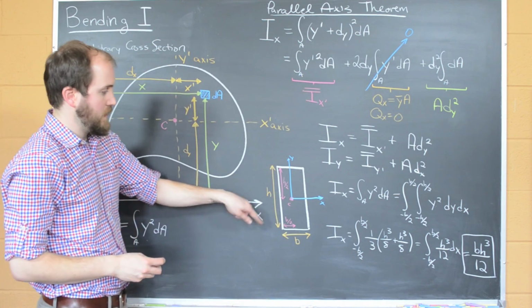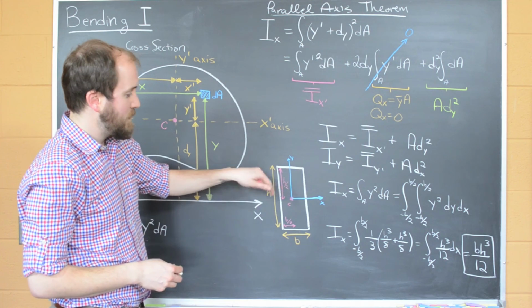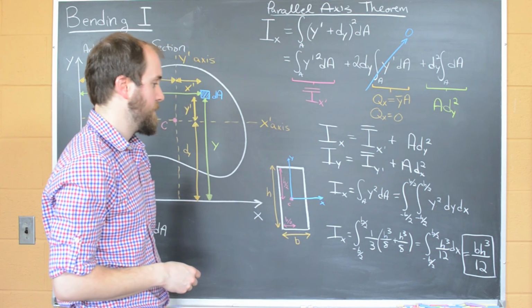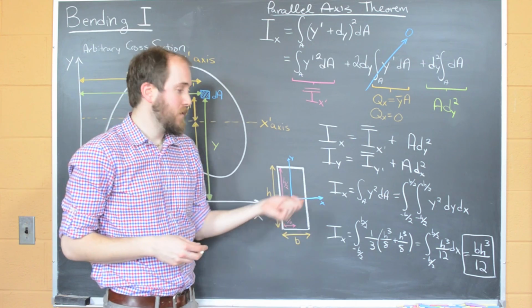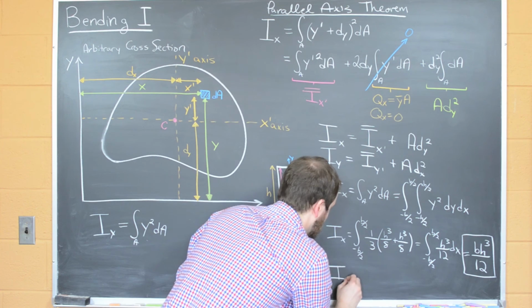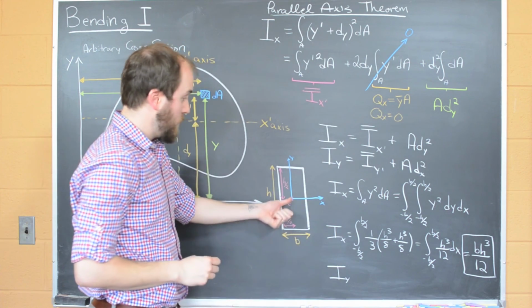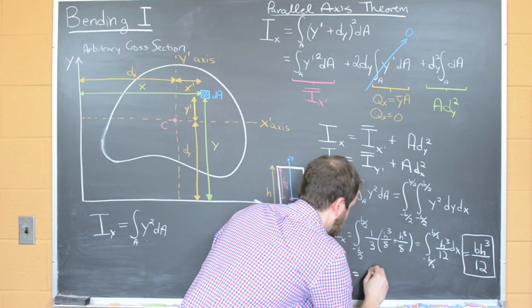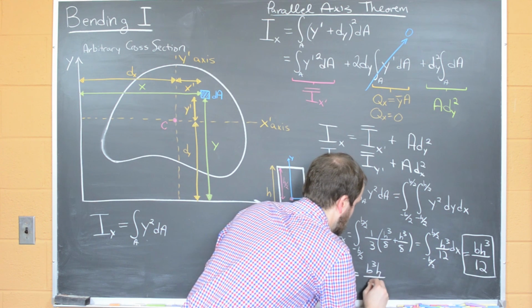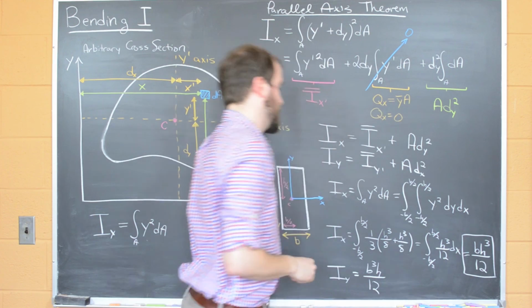And so in this configuration here, the way we define it, the second moment of area about the x-axis is bh cubed over 12. You should be able to now do a similar analysis, and you should be able to show on your own that the second moment of area about the y-axis here is going to equal b cubed h over 12.